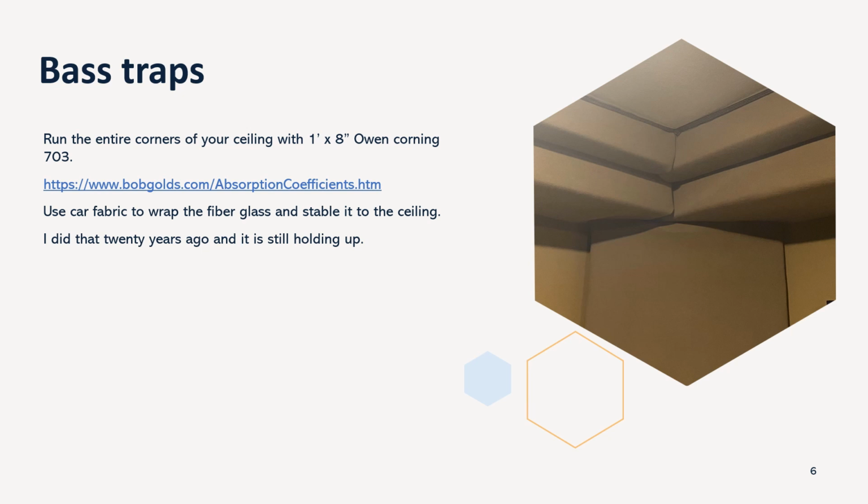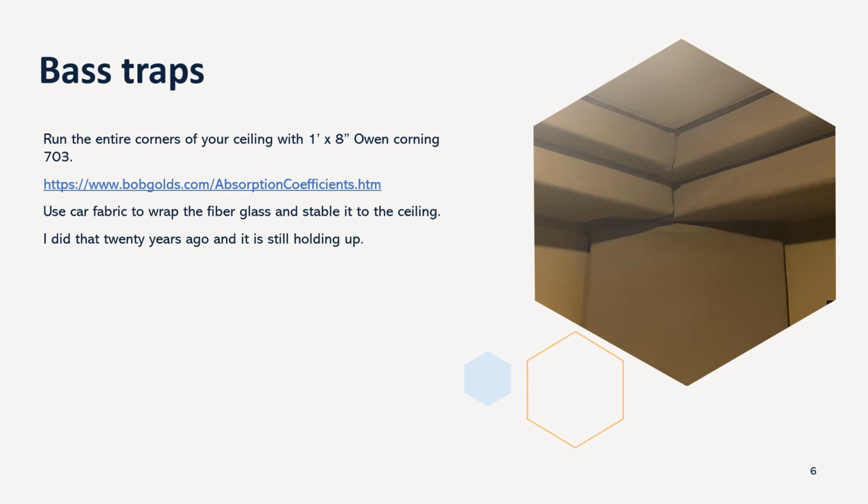The biggest improvement to the bass response was to run Owens Corning 703 across the entire ceiling. So I have 4 panels stacked on each other, so that gives about 8 inches. And the panels that you buy are 2 feet wide, so I bought an electric bread knife and cut them in the middle so that they're 1 foot wide.